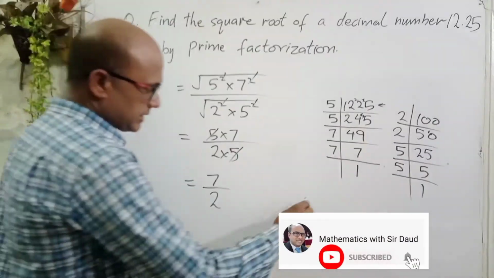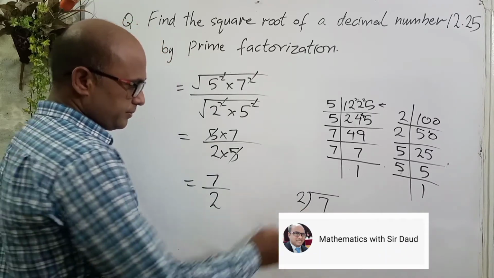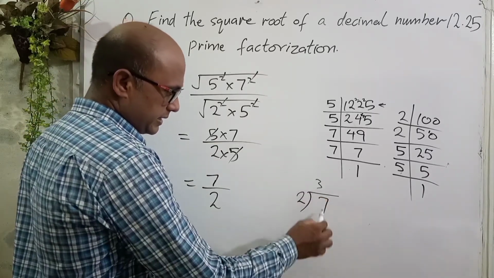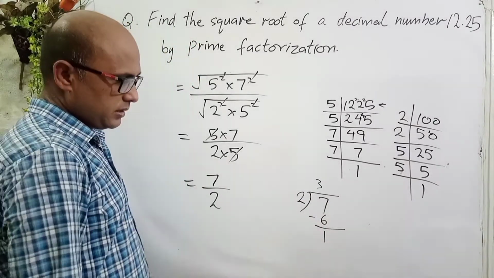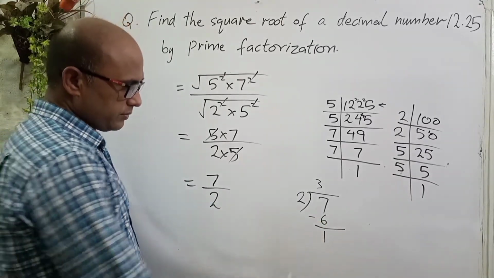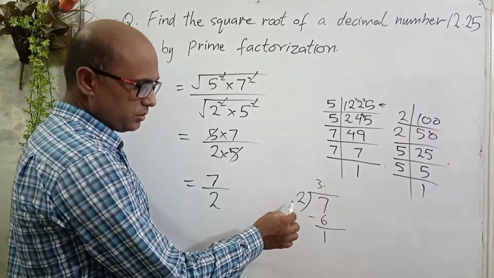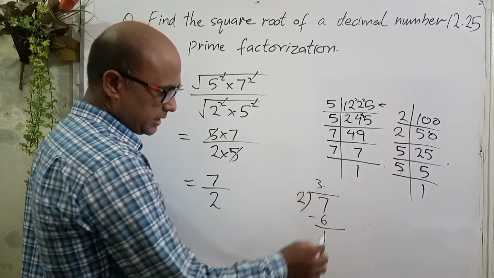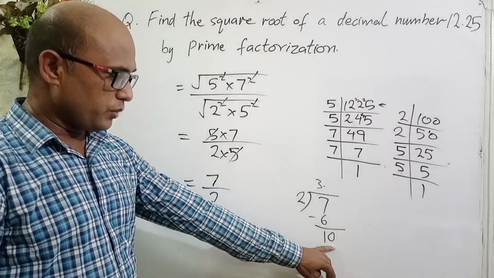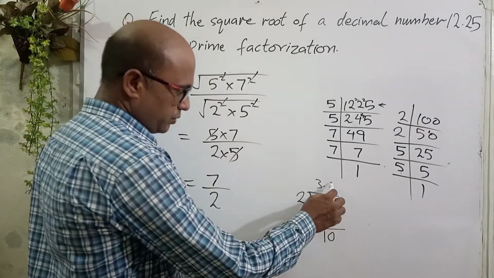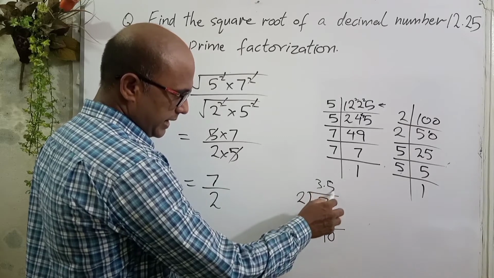As you can see, this is an improper fraction, and we can convert it into a decimal. We'll get the answer in decimal by dividing these two numbers. 7 divided by 2, 2 3s are 6. Subtracting, 7 minus 6 is 1, and after that, because 1 is smaller than the divisor 2, we can put a decimal, and for the decimal we'll write a 0 with 1. 2 5s are 10.